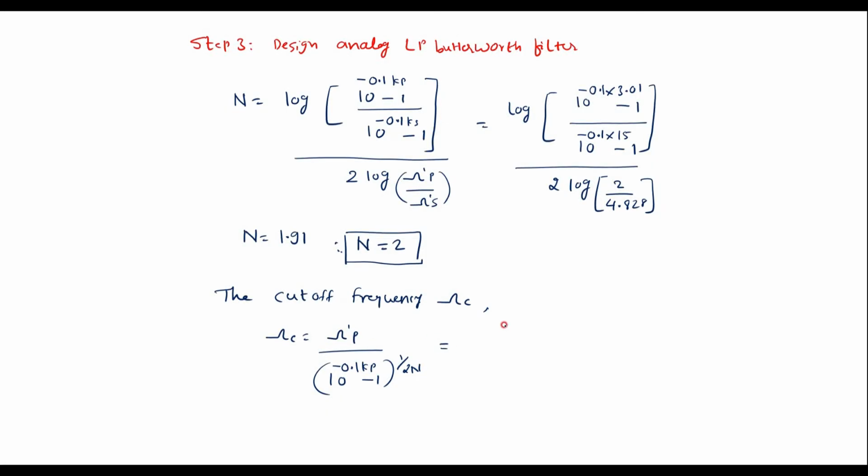Therefore, I can write omega dash p is nothing but 2 divided by 10 power minus 0.1 into 3.01 minus 1, power 1 upon 2 into 2, that is n is equal to 2. So solving this, we'll get omega c as 2 radians per second.